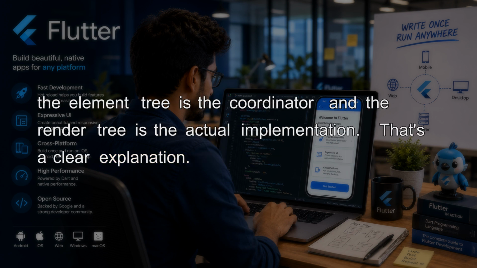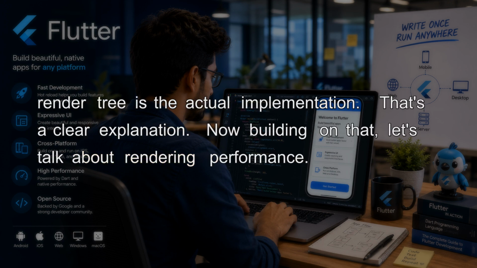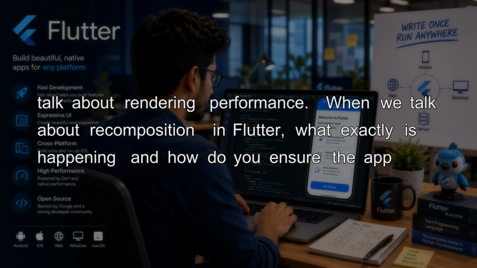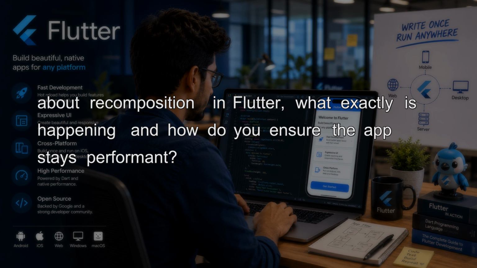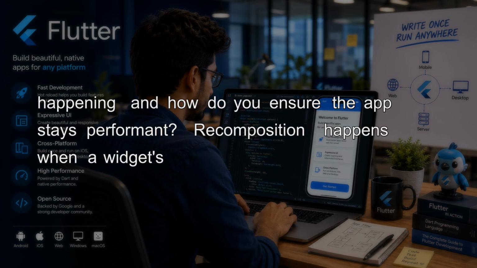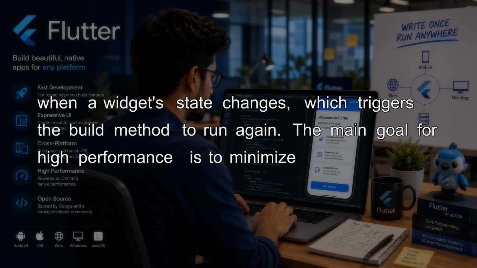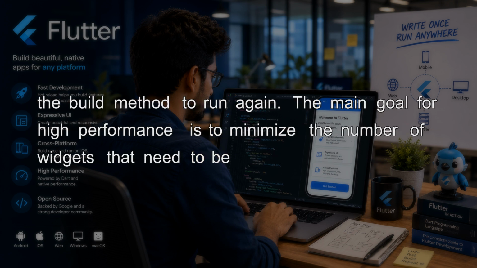That's a clear explanation. Now, building on that, let's talk about rendering performance. When we talk about recomposition in Flutter, what exactly is happening and how do you ensure the app stays performant? Recomposition happens when a widget's state changes, which triggers the build method to run again. The main goal for high performance is to minimize the number of widgets that need to be rebuilt.